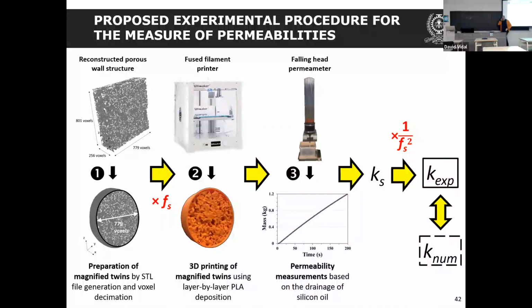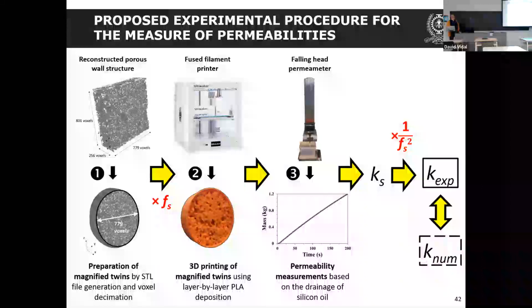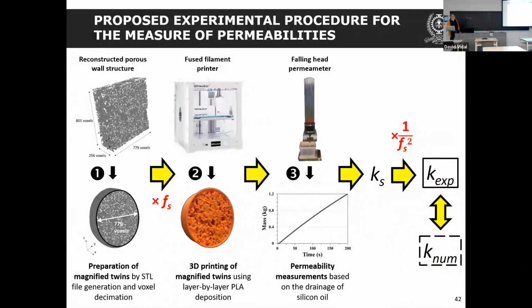And from that, we can get the permeability of this sample. Of course, this sample is magnified, so we need to take into account the magnification. But we can get experimental data, and then after that we can compare those dimensionless experimental data to numerical data.